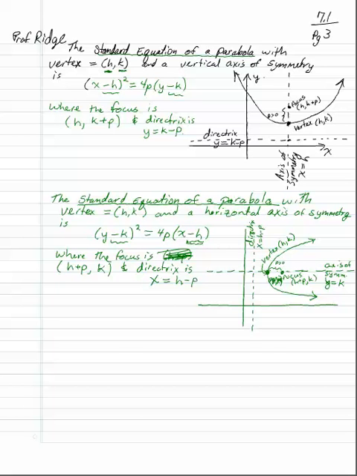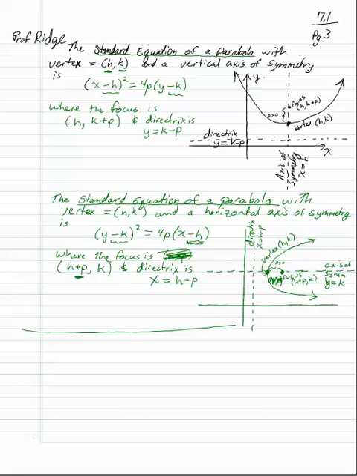Since it has horizontal axis of symmetry, to go from the vertex to the focus, you're going to add p to the h coordinate, the x coordinate. So it'll be (h plus p, k), because you're not going to go up or down. You're going to still be at that same y value.